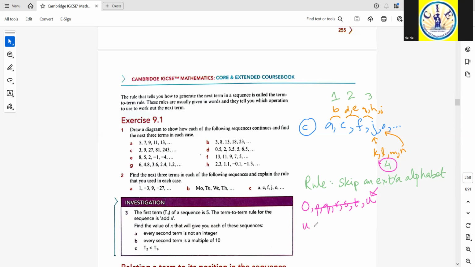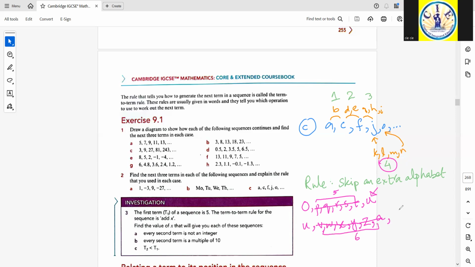Okay, after U, V, W, X, Y, Z, and one more, starting once again, A. Because here we skipped 5 and I need to skip 6 now. 1, 2, 3, 4, 5, 6. So I need to skip these 6 alphabets.